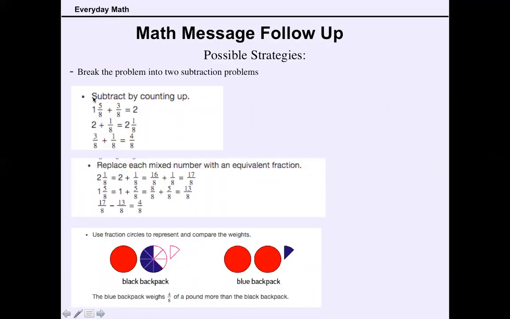Another way we could do this is we can subtract by counting up. So 1 and 5/8, and I know 5/8 plus 3/8 equals 2. Then I need another 1/8 to get 2 and 1/8. So 3/8 plus 1/8 is 4/8. We can replace each mixed number with an equivalent fraction. That's what I just showed you, or you can use fraction circles.